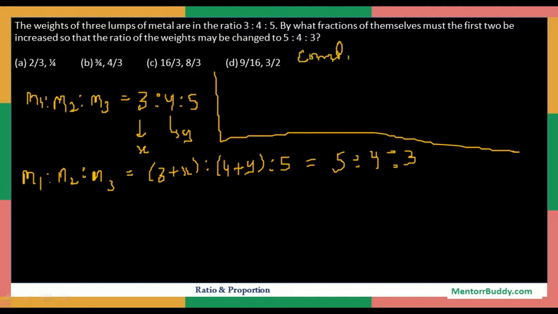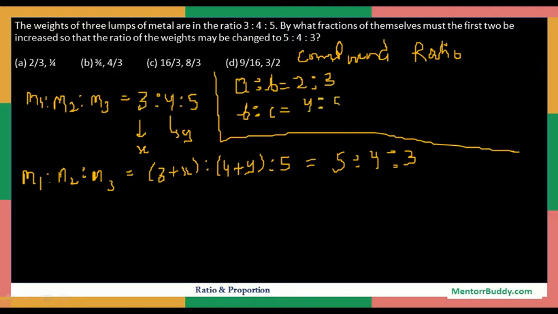According to the compound ratio, suppose a ratio b is equal to 2:3 and b ratio c is equal to 4:5, then what will be the value of a ratio b ratio c? In the two ratios b is common, so we have to make the value of b common.